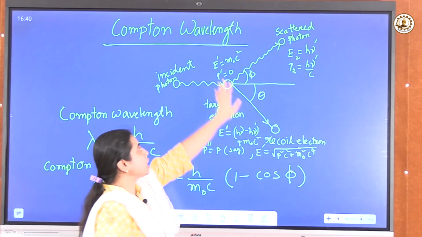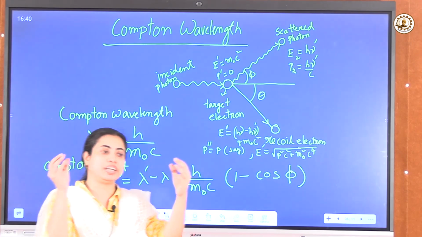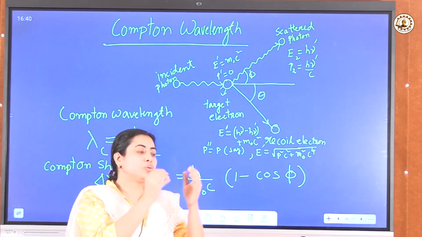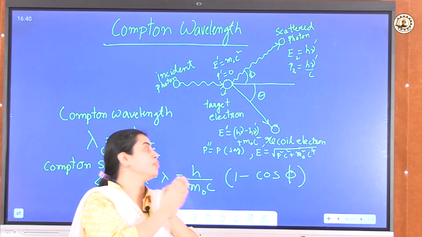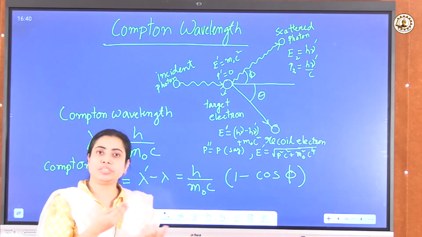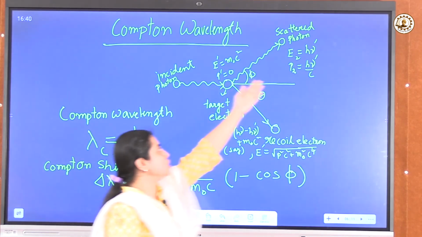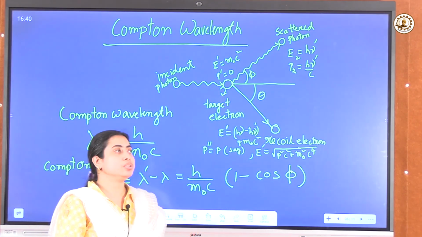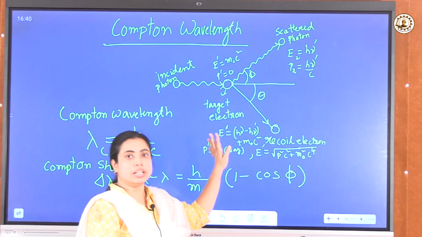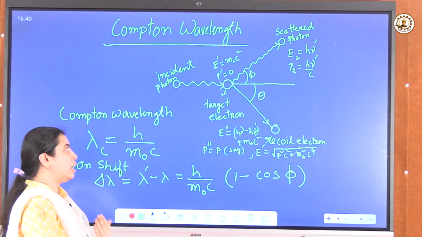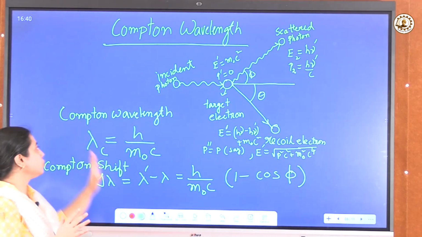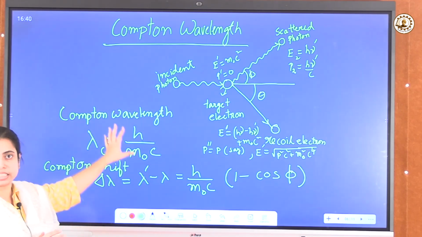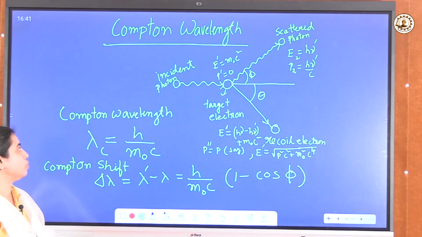So if this is the case of a collision of a stable electron and a photon, what will happen? Both of them will have different values of energy and momentum after the scattering. Using this concept, Compton gave some formulations, and I will directly take the formula of Compton wavelength.